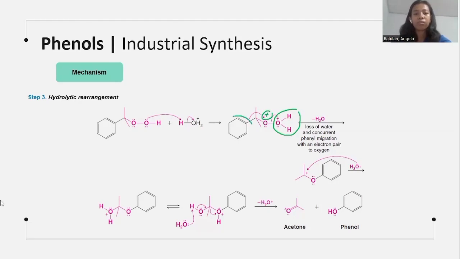And this phenyl group, may tendency sila to migrate. Tapos doon sila kakabit sa oxygen. So, ito yung magiging product natin. Ito si phenyl group, nakakabit na sa oxygen instead nandito sa isopropyl. Tapos si isopropyl natin magiging cation siya. Tertiary cation. Carbocation. Tapos si H2O kakabit lang doon, hanggang sa may yield yung acetone and phenols.